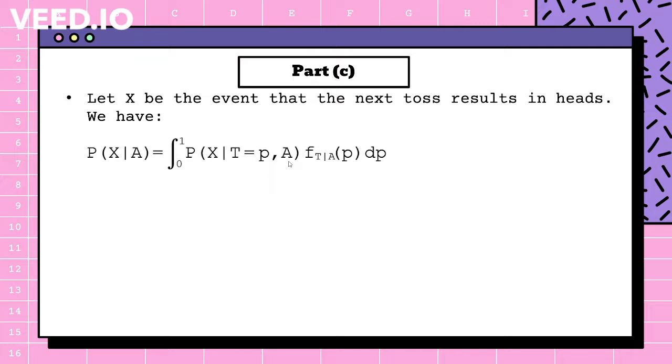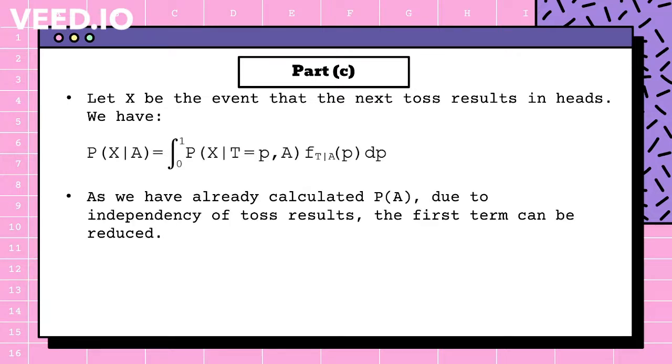But as we assume that the tosses are independent events, we can easily remove the A part. As we have already calculated P(A), due to independence of toss results, the first term reduces to this term, and this is simply basic substitution and integration.